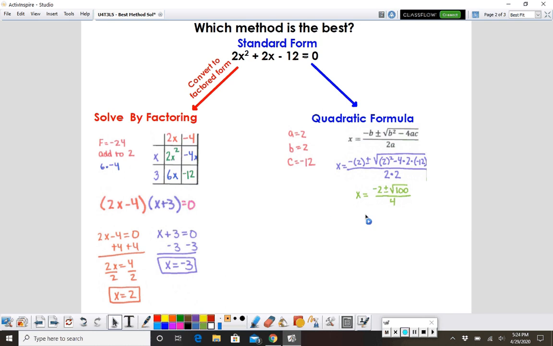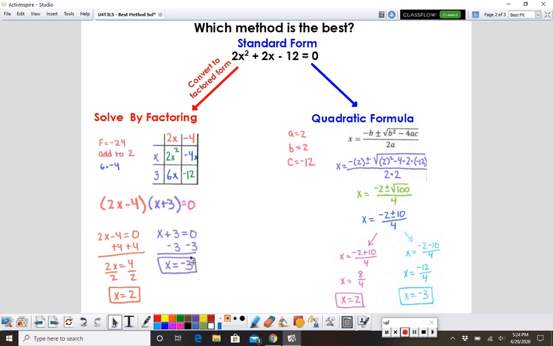In this case it's 100, so we have -2 plus or minus the square root of 100 divided by 4. When we do that, we get -2 plus or minus 10 divided by 4. And remember, at this step, we have to solve our 2 equations, the -2 plus 10 or the -2 minus 10. And you can see once you get down here that the 2 solutions you have using your quadratic formula are the same as the solutions you have using your factored form.